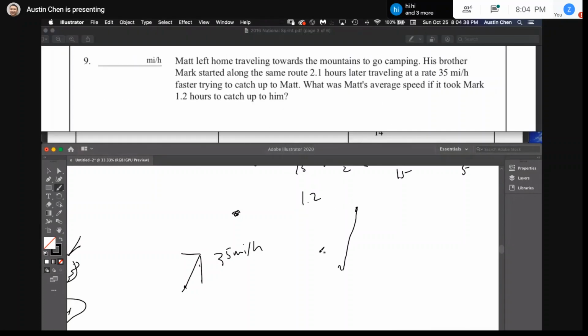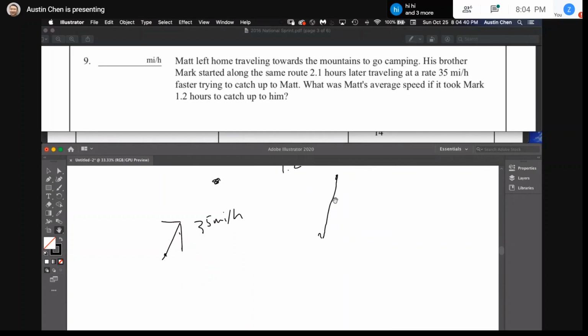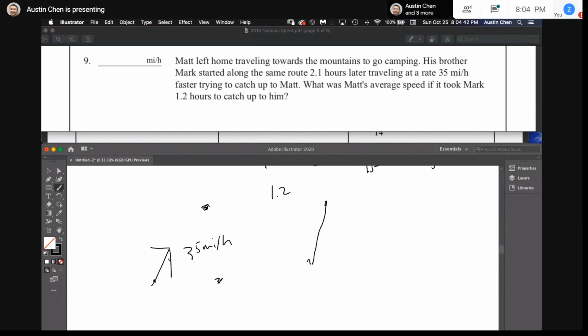So the total distance is just going to be 35 miles per hour times 1.2. And this distance is just our initial distance that they were apart, right? And so that will be useful. Okay, 1.2, yeah. And this is just 35 plus 7, which is just 42.